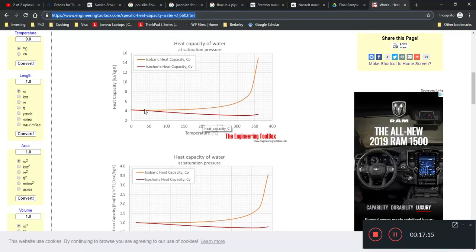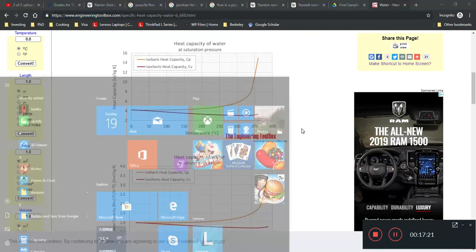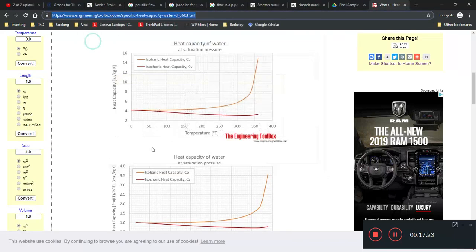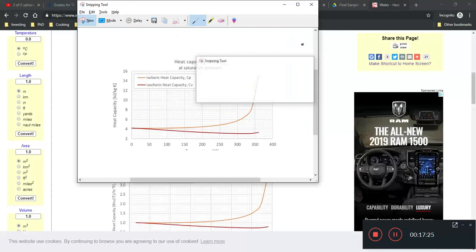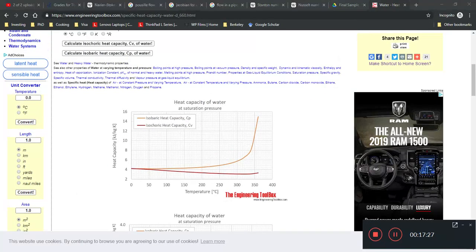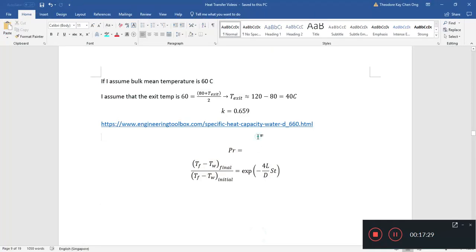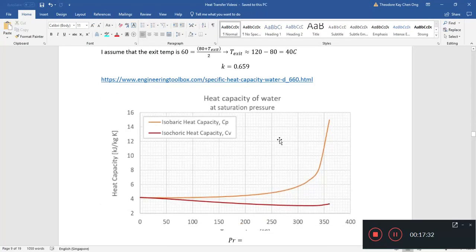So I can see, look at this, isobaric heat capacity. This is taken at saturation pressure, but we assume that it doesn't change. Okay, it's very constant, right?